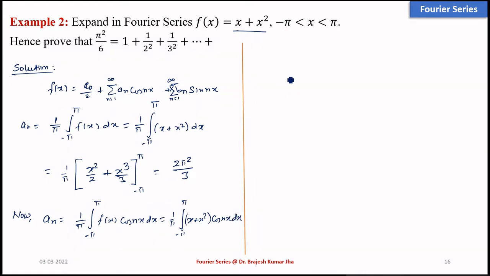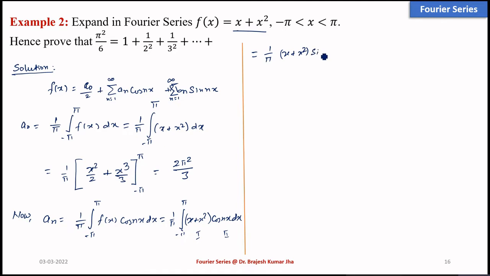Integration by parts that you can use. So this is the one way, that is 1 upon pi times the integration. This will be the first function, this will be the second function. So it is x plus x squared, and integration of cos nx.